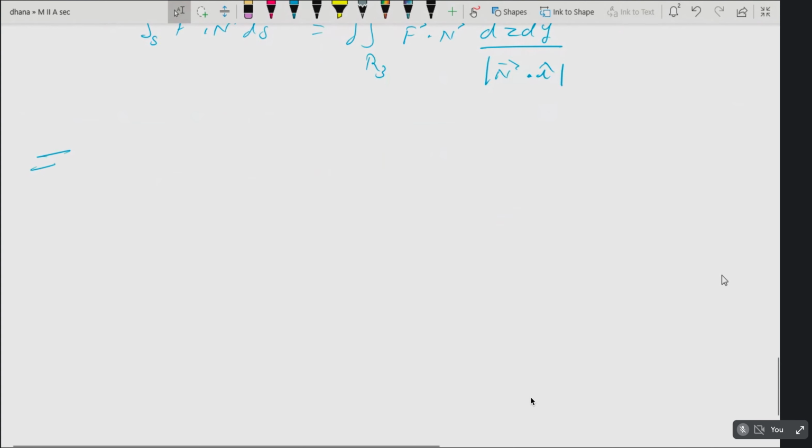Okay, so in that, suppose your f bar represents the velocity of a fluid. If I write flux across a surface, it represents the total flux across a surface if your f bar is a velocity vector.